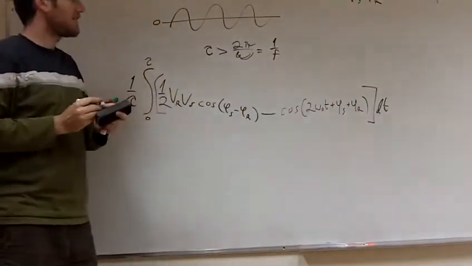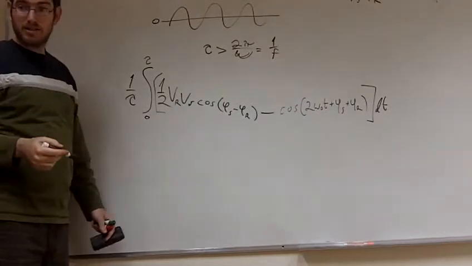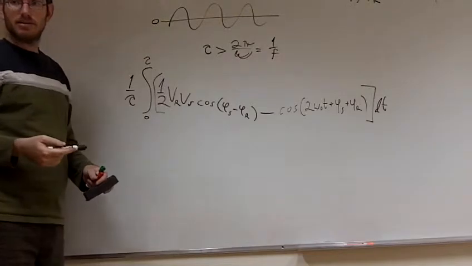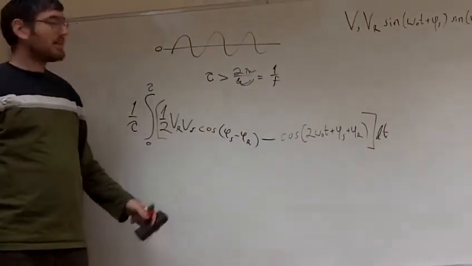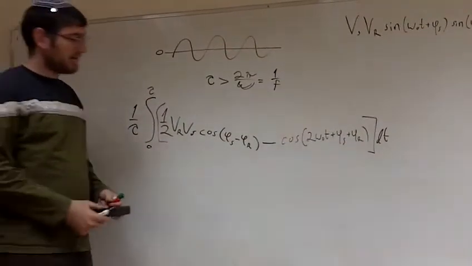So let's say our frequency is 1 kilohertz. That means that tau has to be bigger than 1 millisecond. But if it is, say, 10 kilohertz, then tau has to be bigger than 0.1 milliseconds.